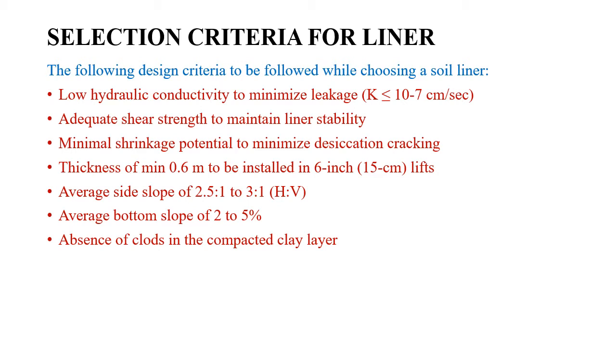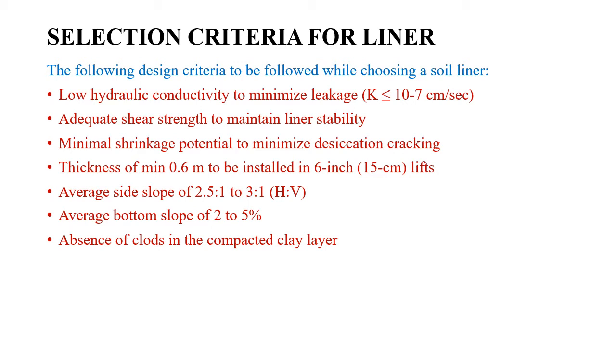Then, minimal shrinkage potential to minimize desiccation cracking. As mentioned in the previous video, when we are using clay materials as a liner material, these are natural materials and will be easily susceptible to temperature changes and moisture changes.